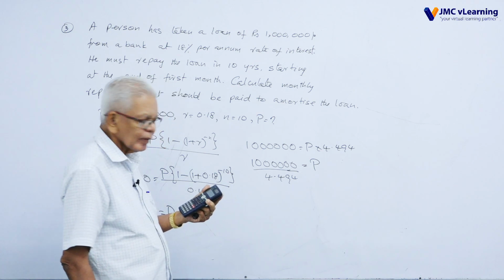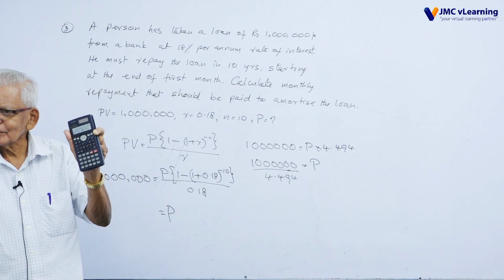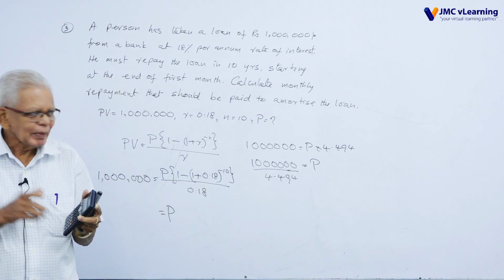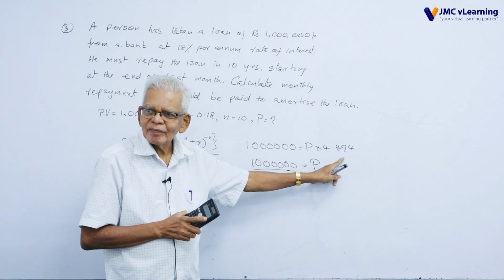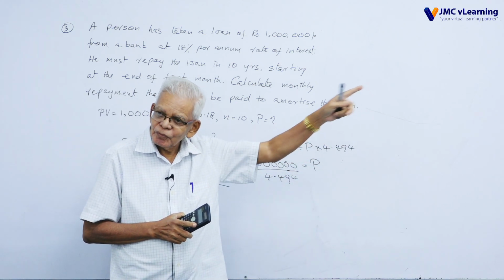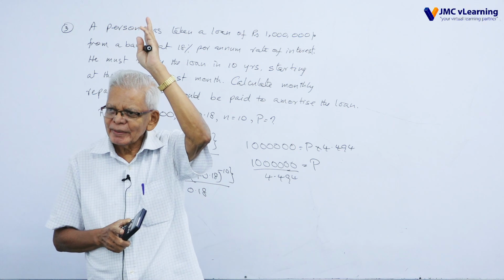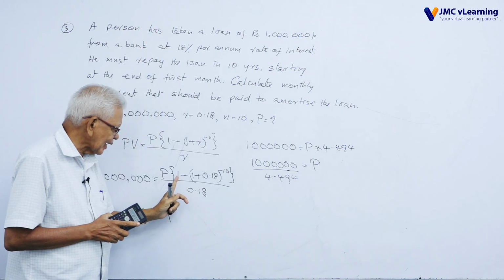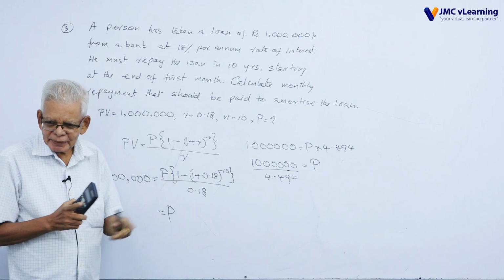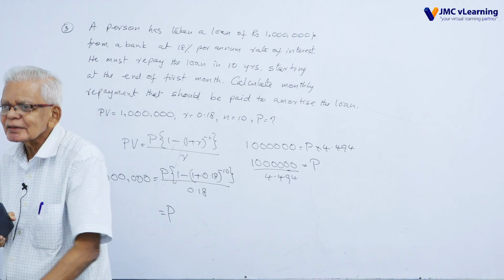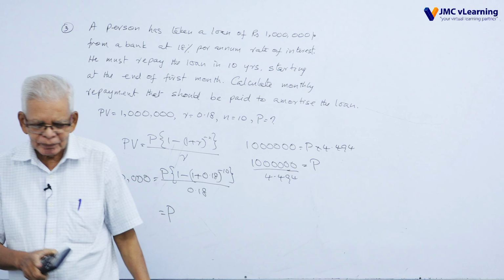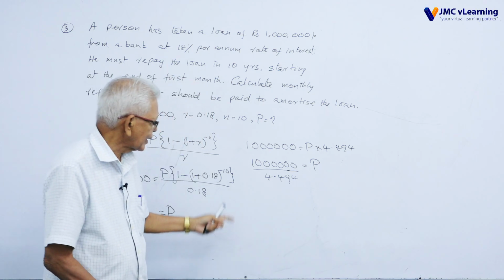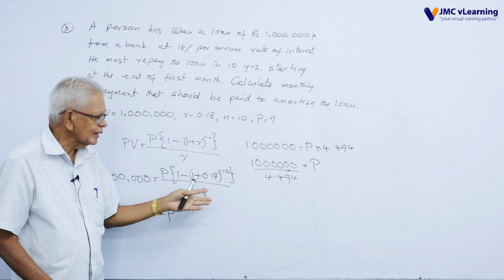That's correct, 222,000. But this is an approximate value. The correct answer is 4.494 with so many decimal places, and that is very accurate. If you take the table value, it is an approximate answer. So you can do it like that. No need to write down all these things.